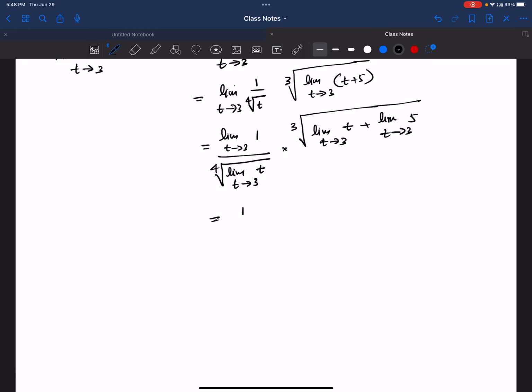So this is 1, this is fourth root of 3 times cubic root of 3 plus 5.